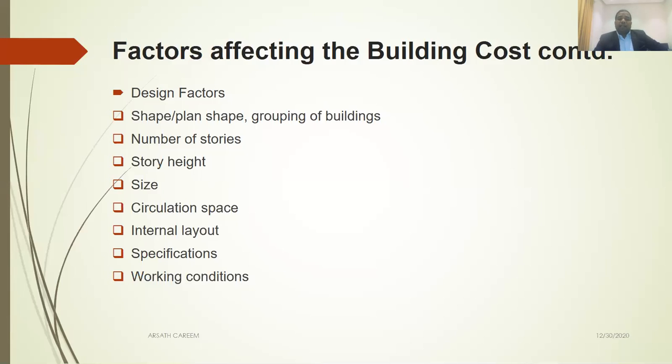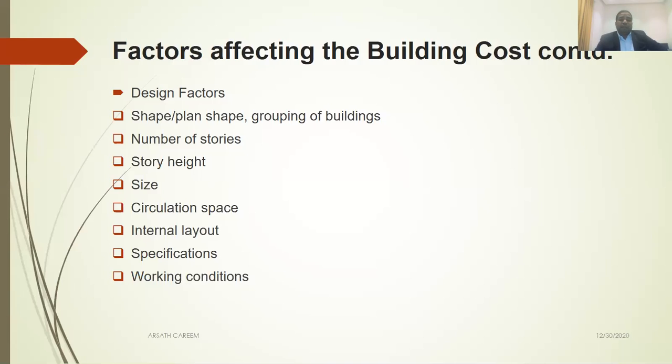Also, story height. You can observe in buildings, there are many types. Some buildings have a story height of 3 meters, some 2.8, some 3.3. So you can't compare buildings with different story heights. You have to compare with the same story height.